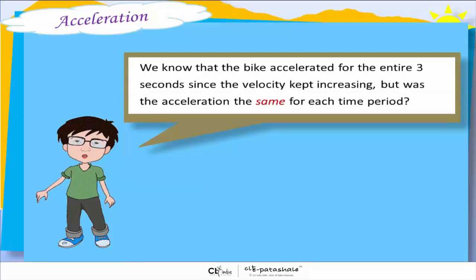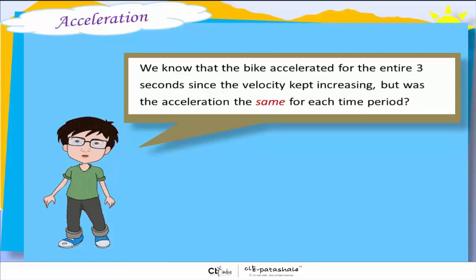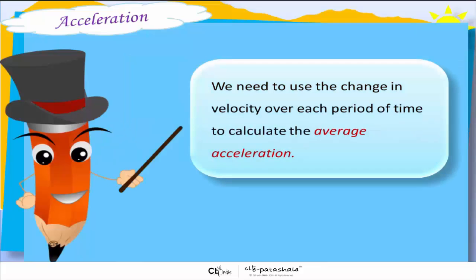We know that the bike accelerated for the entire 3 seconds since the velocity kept increasing. But was the acceleration the same for each time period? We need to use the change in velocity over each period of time to calculate the average acceleration.